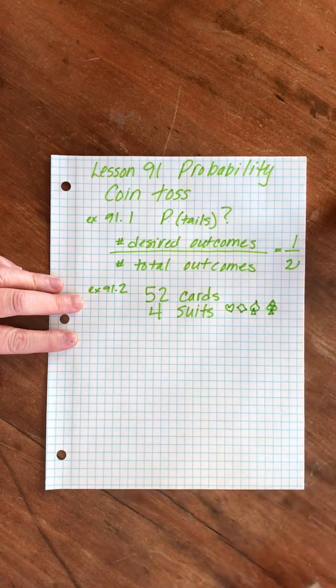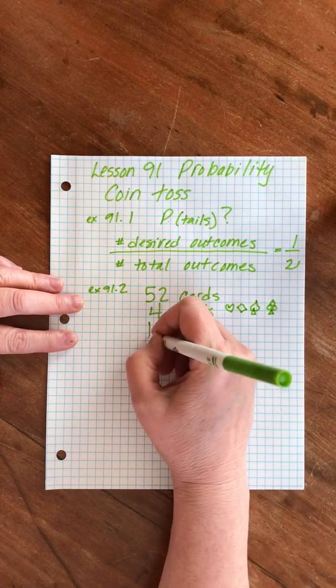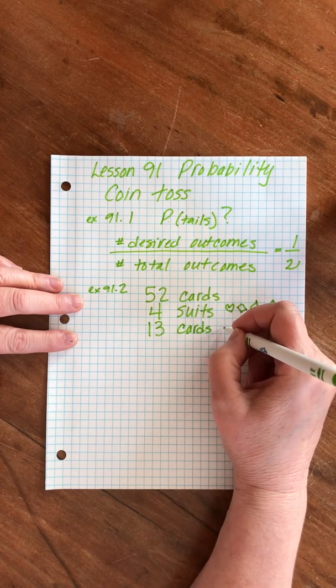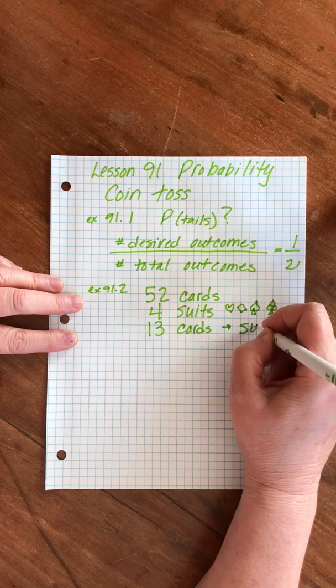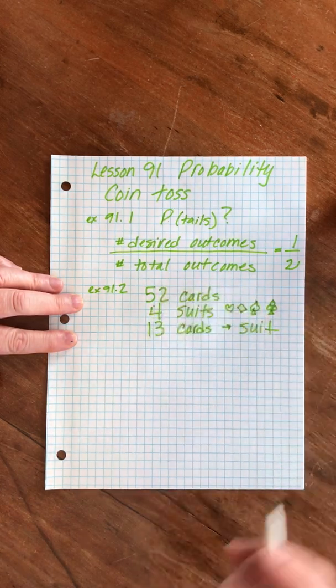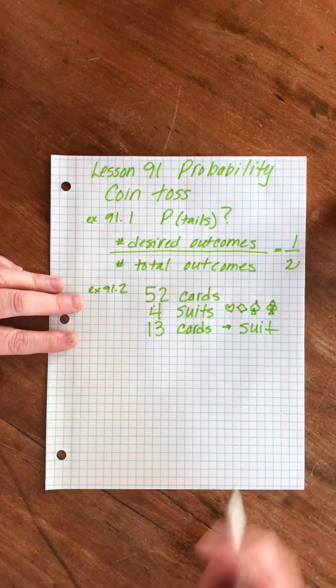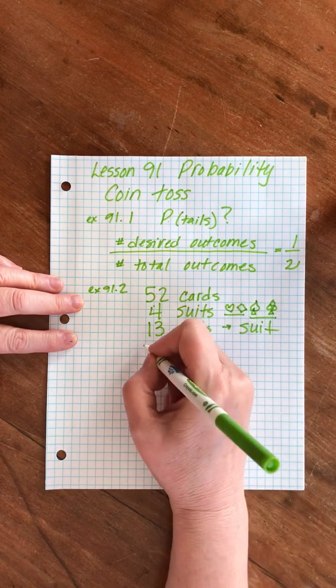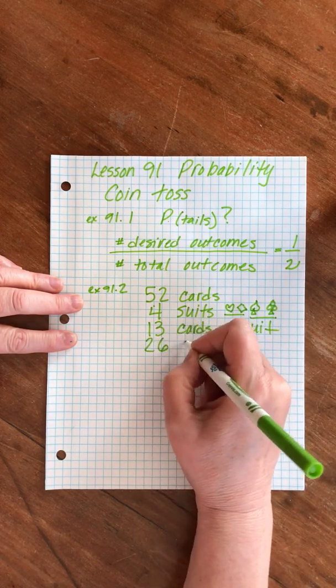So there's 4 suits, and then there's 13 cards in each suit. So 13 times 4 gives you the 52. And these are red and these are black, so there are 26 of each color.